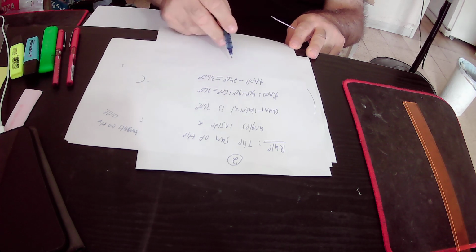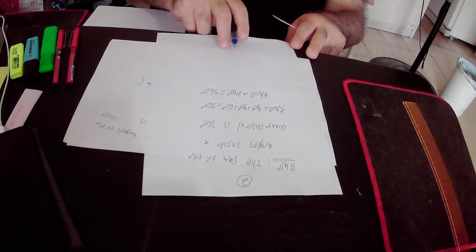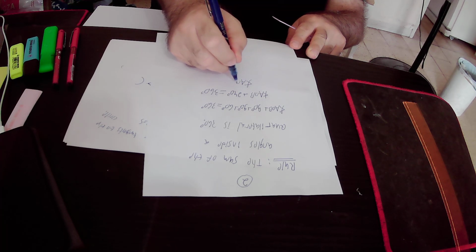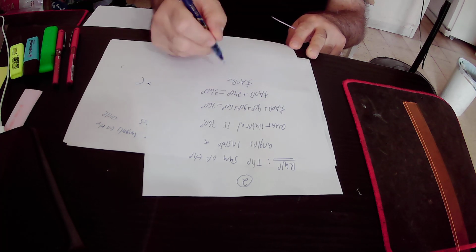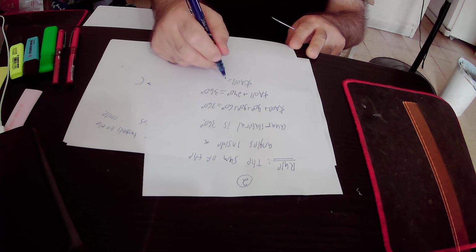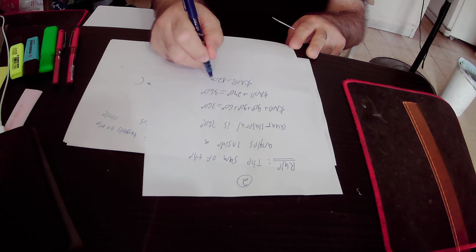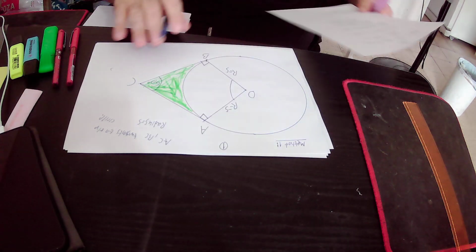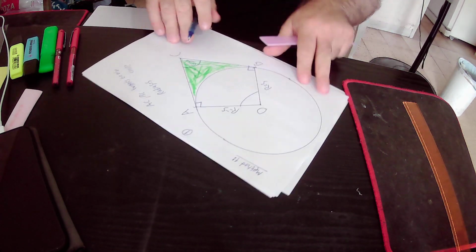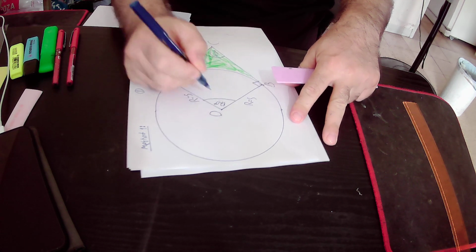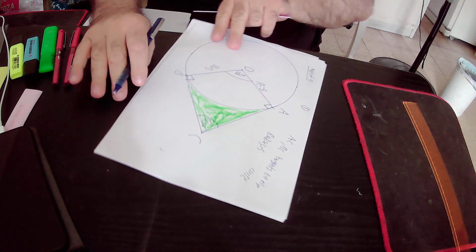So here we will subtract 240 degrees from this equality, and we will get that the size of angle AOB equals 360 degrees minus 240 degrees, which is 120 degrees. So we found out that the size of angle AOB is 120 degrees.